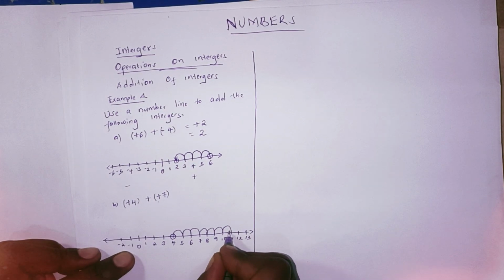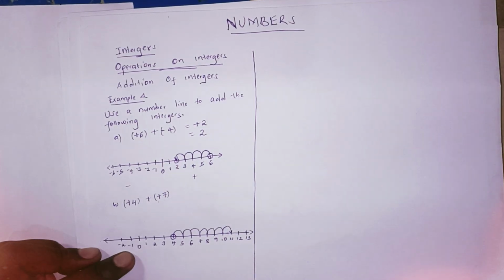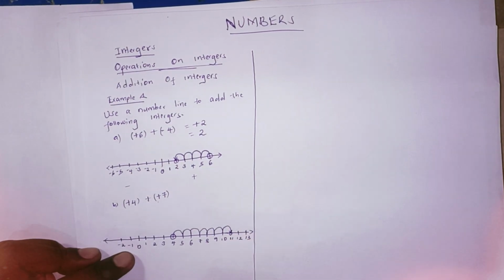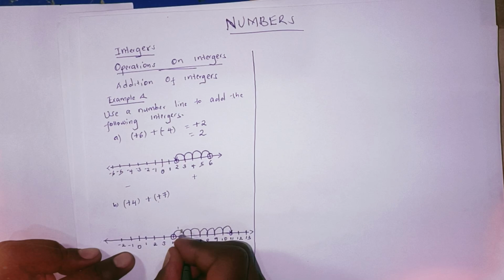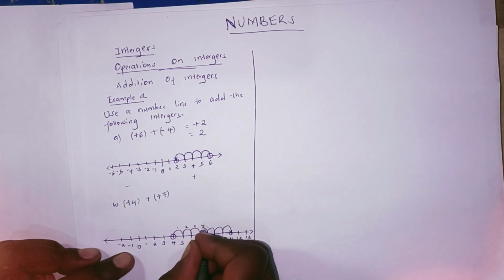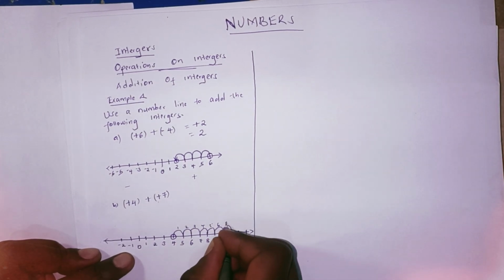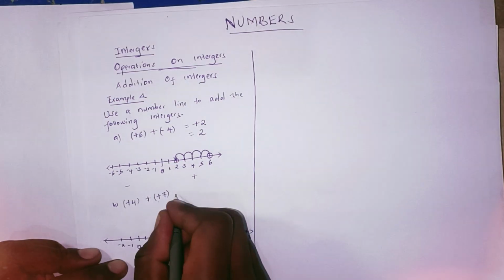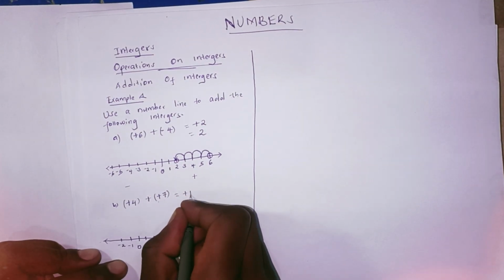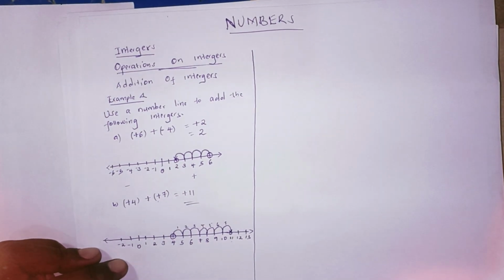I'll stop at this point because I've reached the 7 steps. What is the answer? The answer is +11. That is the answer to that question.